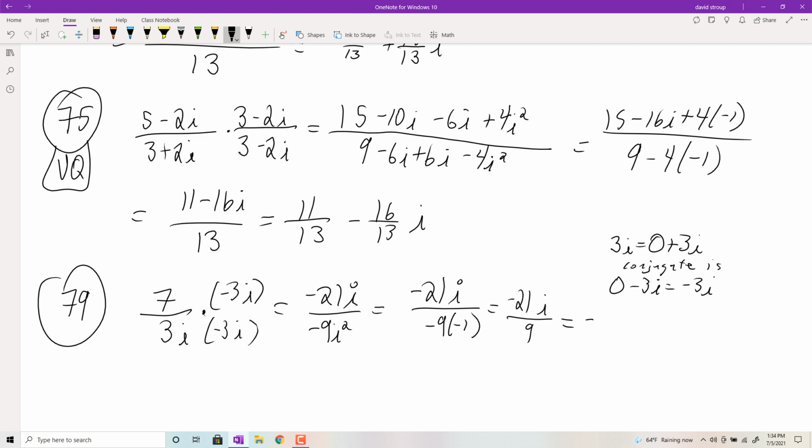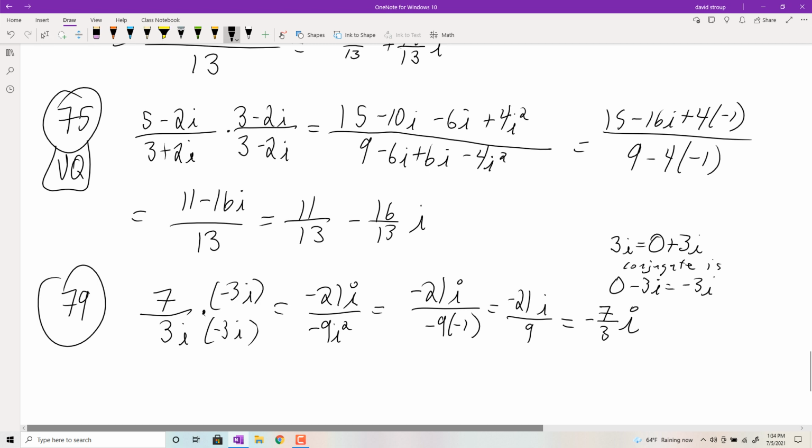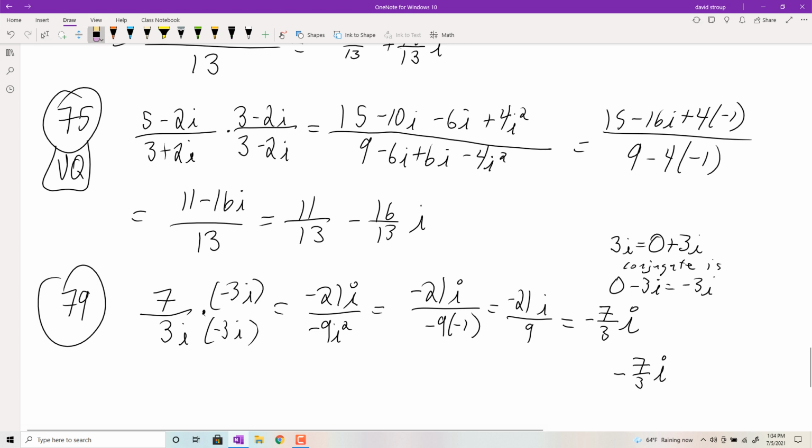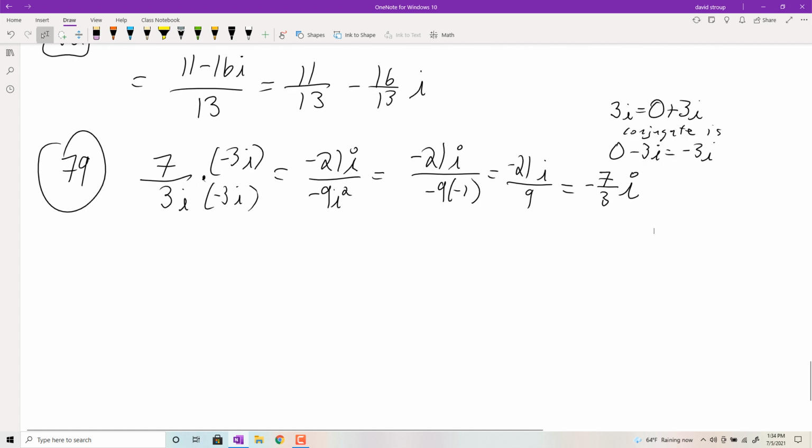In other words, dividing 21 by 3 is 7, dividing 9 by 3 is 3, and then i, negative 7/3 i. Or if you'd rather, 0 plus negative 7/3 i. The real part is just 0. But it is kind of weird to write it like that, so we're just going to write the negative 7/3 i. That's good enough. Okay, so hopefully that mystery is resolved.